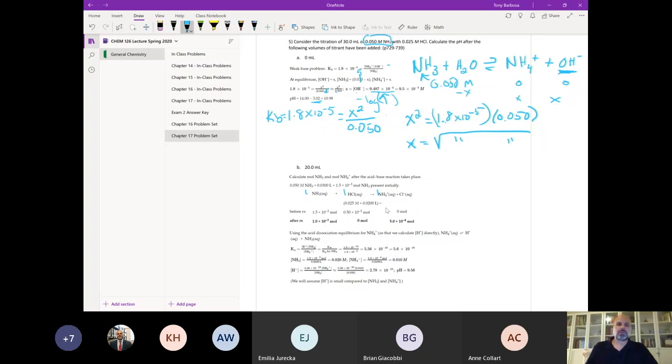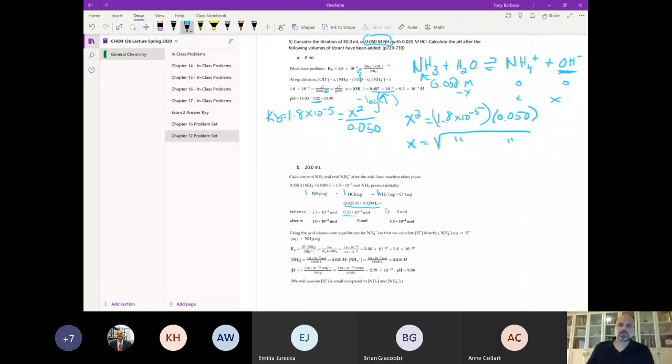This is a buffer-based reaction, so we're going to be reacting the hydrochloric acid with the base, the ammonia. And so we convert over to moles. We added 0.025 molar hydrochloric acid, and we added 20 milliliters of it, which is 0.02 liters.